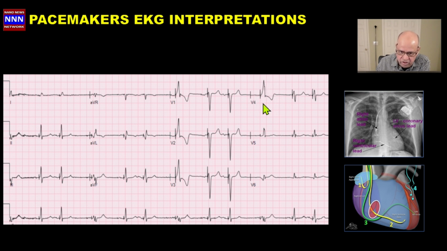That's how you have to deduce, because there's grouping of the beats here: 2 beats, pause, wide QRS, 2 beats, pause, wide QRS. So this is atrial bigeminy with escape ventricular beats.